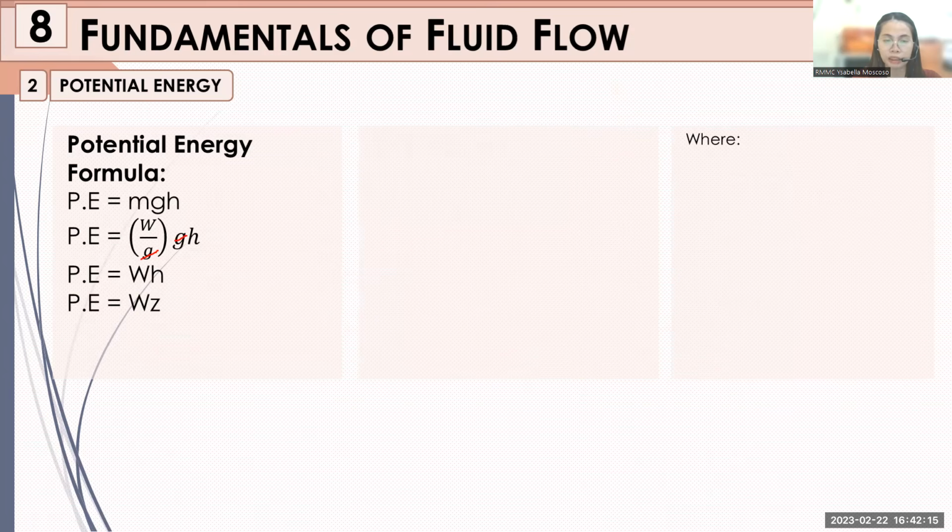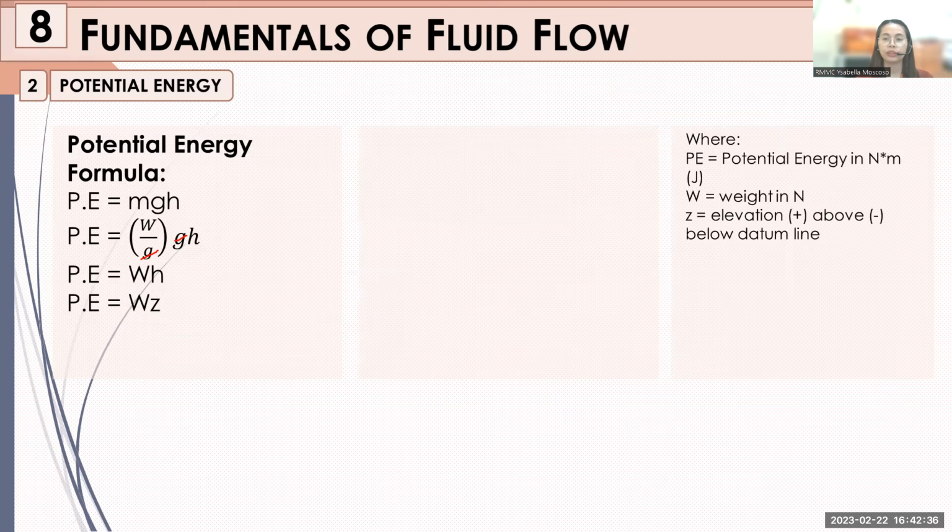Kung pagbabasihan natin sa iyong Bernoulli equation, your height there or your head there is considered as variable z. That is why potential energy is also weight times z, or the head. PE is the potential energy in a unit of joules, which is Newton times meter.